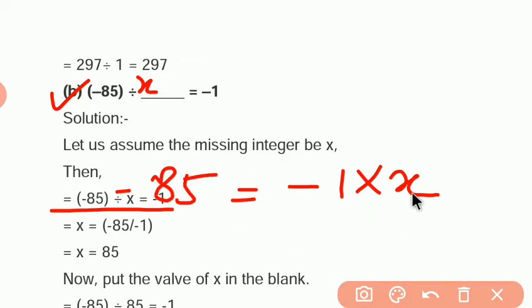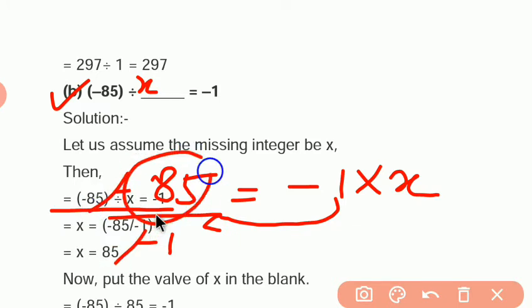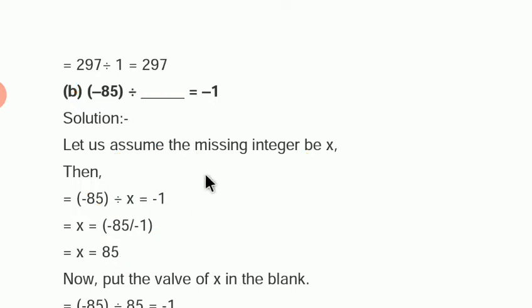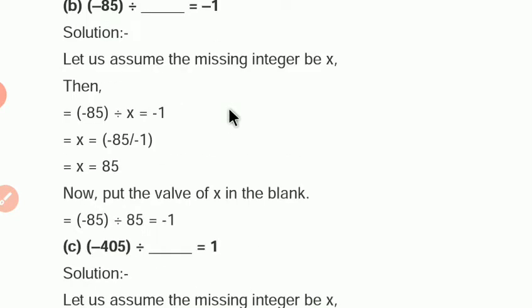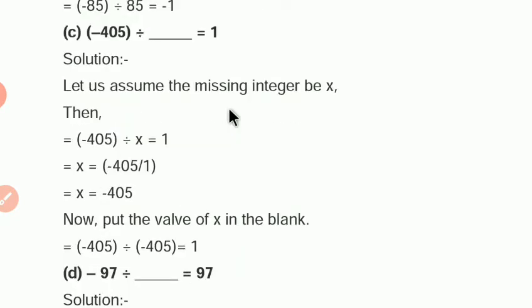Now here minus 1 is given in multiplication with x, so we have to take it again to this side. So it will change into divide. So minus into minus cancel and the answer will be plus 85. Or we can say that if we divide minus 85 by plus 85, we'll get the answer minus 1.